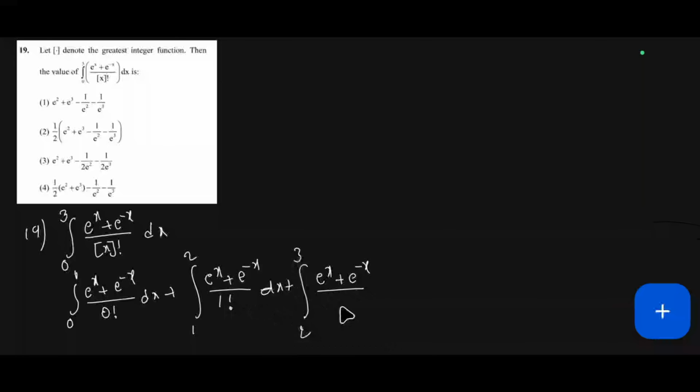So 0 factorial dx plus integral from 1 to 2 of (e^x + e^(-x)) by 1 factorial, because from 1 to 2 the step function is always 1 only, plus dx plus integral from 2 to 3 of (e^x + e^(-x)) by 2 factorial, because from 2 to 3 the value is 2 factorial.